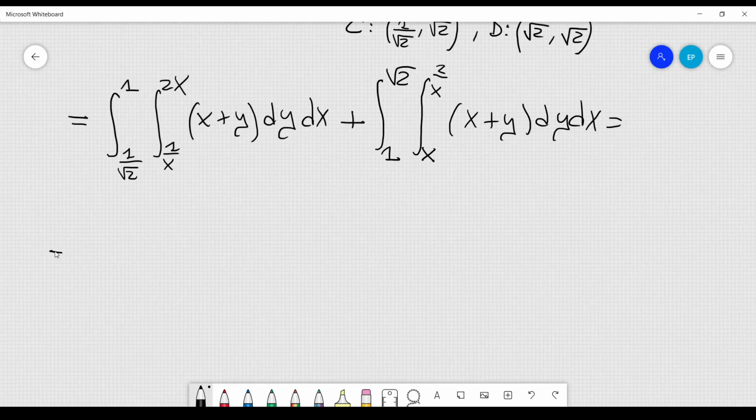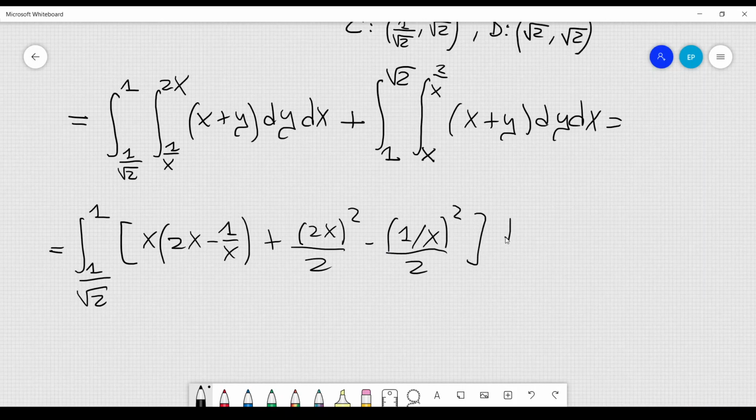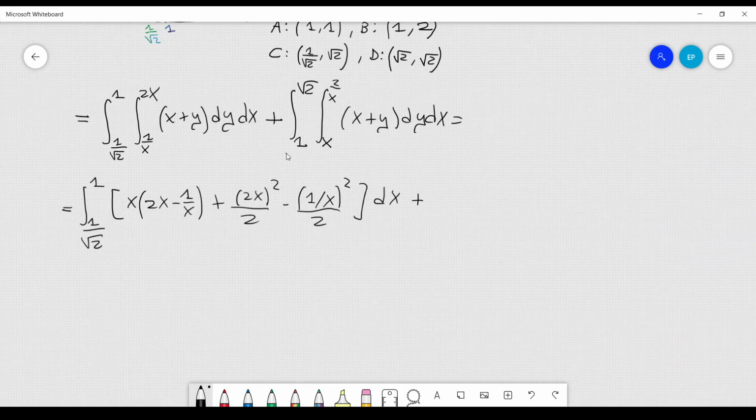This is quite simple. Integral from 1 over square root of 2 to 1 of, we have x times, when I integrate this quantity, this is a constant with respect to y, so I have x times y, and if I evaluate y at the boundary, I have 2x minus 1 over x, and then I have plus, the integral of y is y squared over 2, so I will get 2x squared over 2 minus 1 over x squared over 2 dx, and then I have plus the second integral here, which will be the integral from 1 to square root of 2.